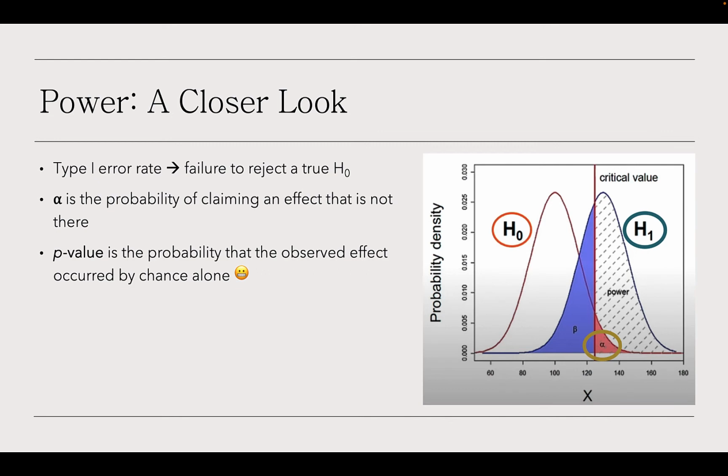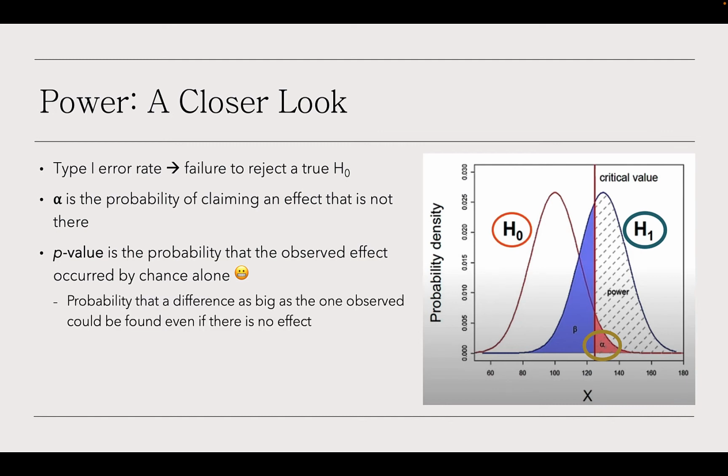Okay, so eek emoji, what does this really mean? It's the probability that a difference as big as the one observed could be found even if there is no effect, right? So really the p-value is the probability you've made a mistake in your observed data, rejecting the null hypothesis.